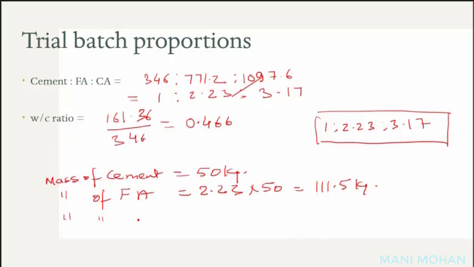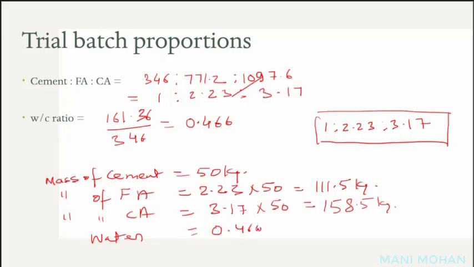Mass of coarse aggregate: how many parts are there? The proportion is 3.17. 3.17 into 50 gives me 158.5 kg. What about water? Water which you need to add is 0.466 into 50, which is 23.3 kg. So this is the amount of material which you require for 1 bag of cement.